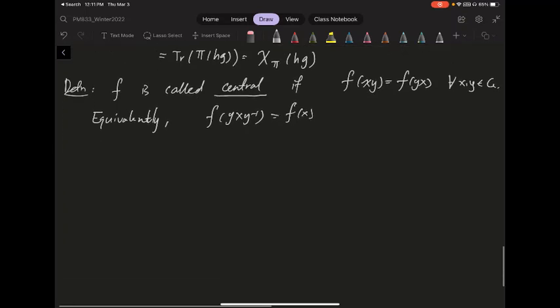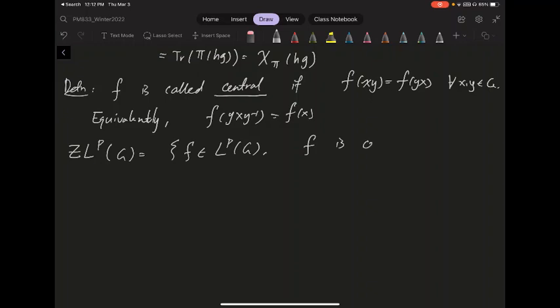So let's define some notation. Let ZLp of G be all the f inside Lp of G where f is central. And you can do the same thing for the set of continuous functions: ZC of G is all the f inside C of G where f is central.